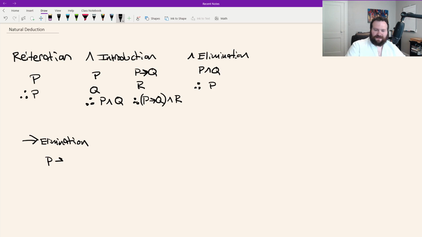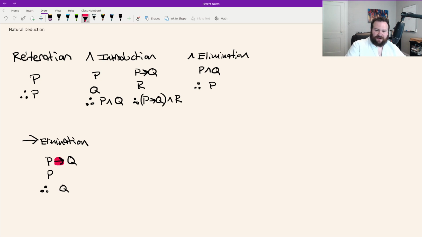It says that if you have a conditional, like this, if P then Q, and on another line, or another premise, you have the antecedent, which remember is the left side of a conditional, you can always derive the right side. Okay? So this is conditional elimination.